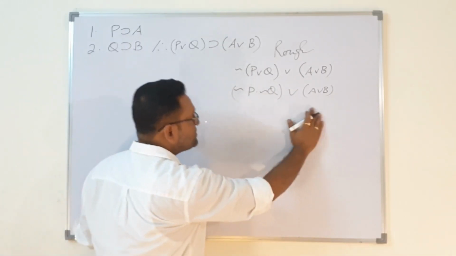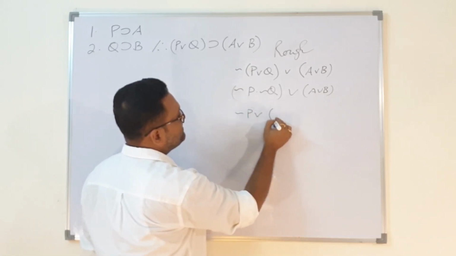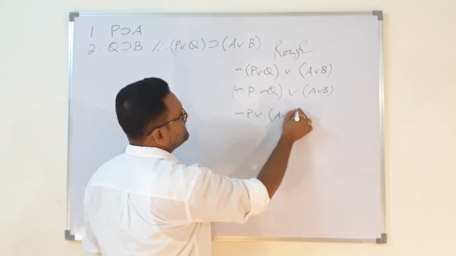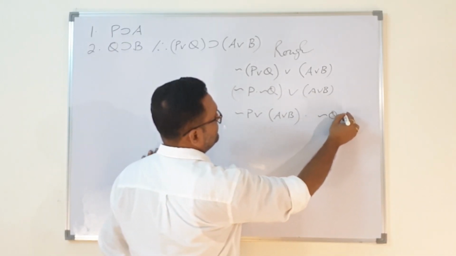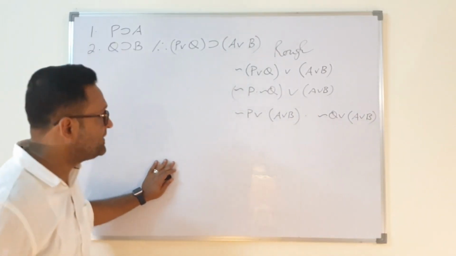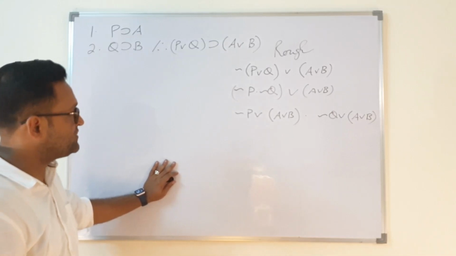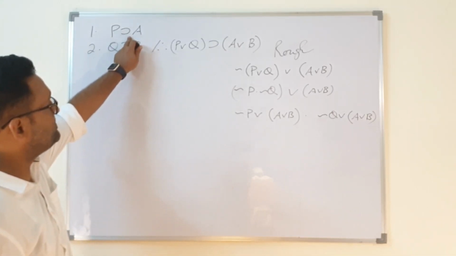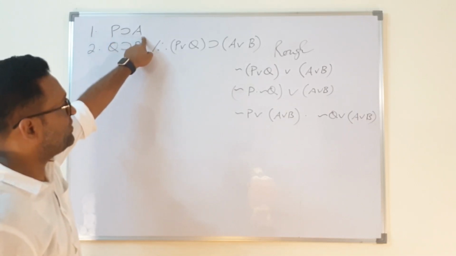Now if we use distribution, what will happen? Negation of P wedge A wedge B, this is going to be one step, dot negation of Q wedge A wedge B, this is going to be the second step. Fine. Okay. Now if you see this question and you see this question, you will understand that you will get negation of P wedge A from here.